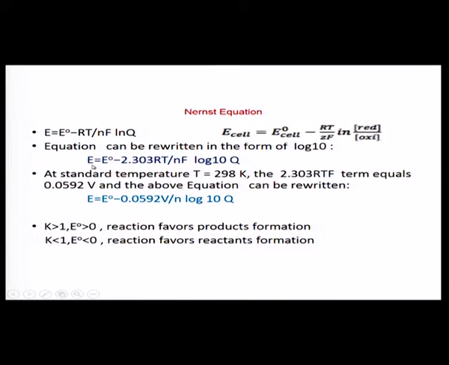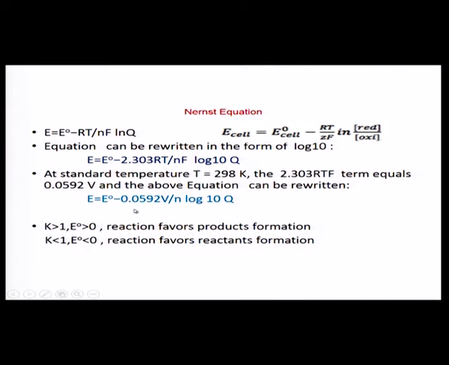So, this potential is equivalent to the standard electrode potential minus 2.303 RT divided by n into log10 Q. The ln is converted into log by multiplying by 2.303, and at a standard temperature of 25 degrees Celsius, putting in the values of R and F, Faraday's constant, everything, this term reduces to 0.0592 volts.